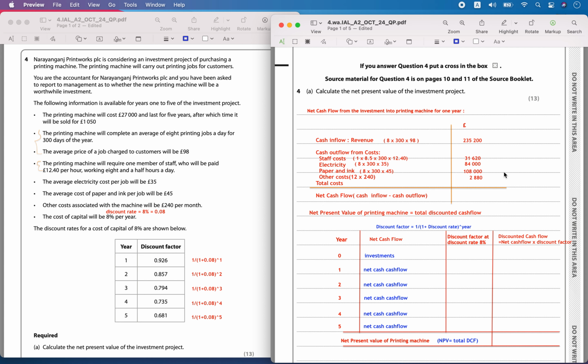Now let's add up these costs. 31,620 plus 84,000 plus 108,000 plus 2,880 is equal to 226,500.